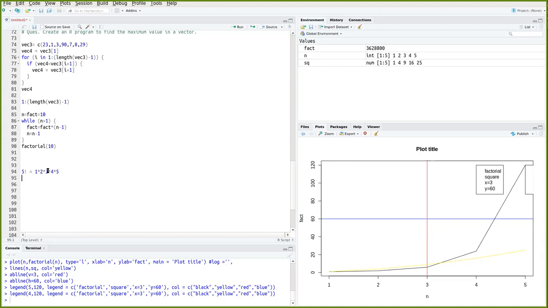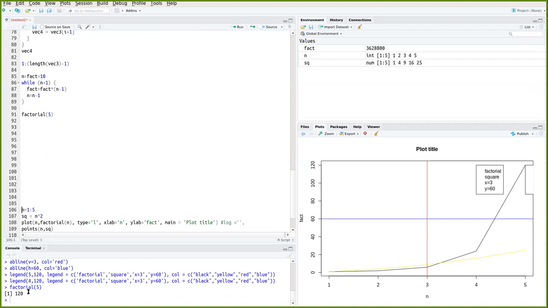So you already have a function which tells you the factorial. It's called factorial, obviously. If I want to find the factorial of 5, I use this function factorial, put number 5 and do control enter, and my console will show me the value 120.